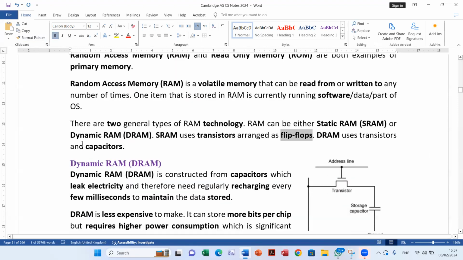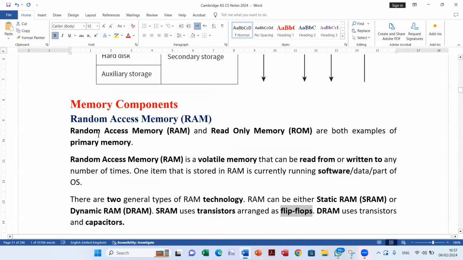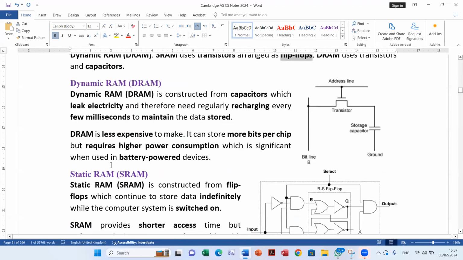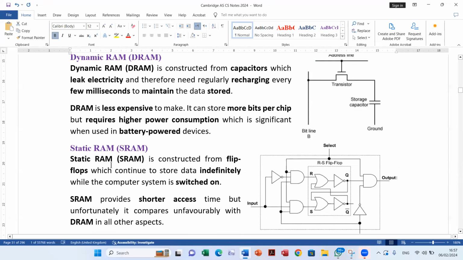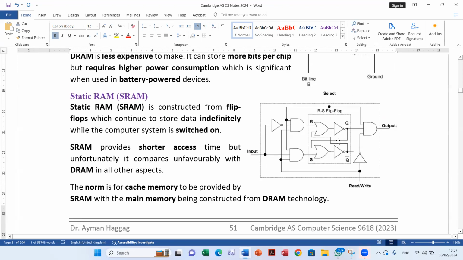Okay, so you already know what RAM is. The new thing is that we need to teach dynamic RAM and static RAM. This is the static RAM, and you will study that inside here. This is called an SR or set-reset flip-flop.